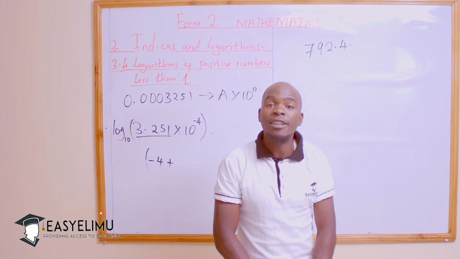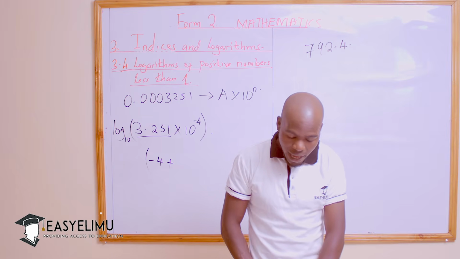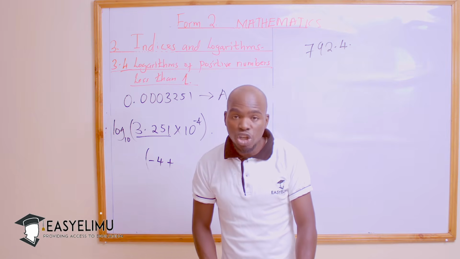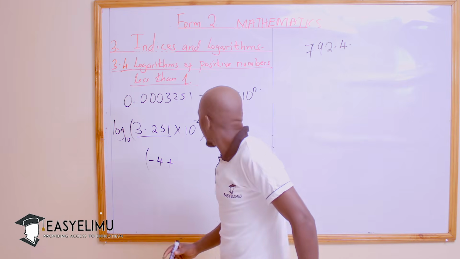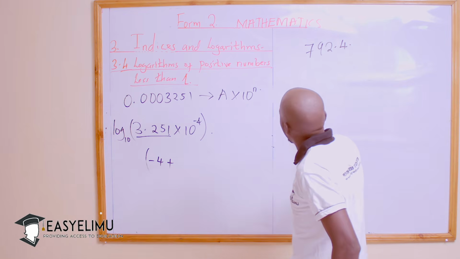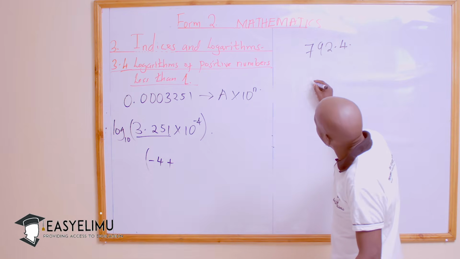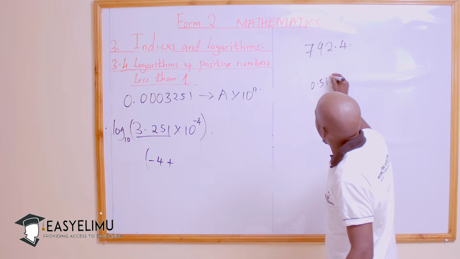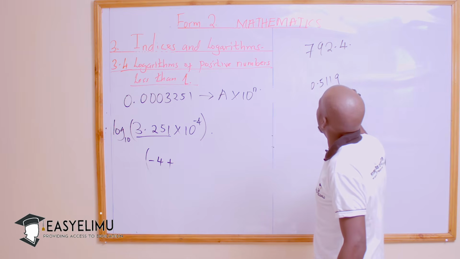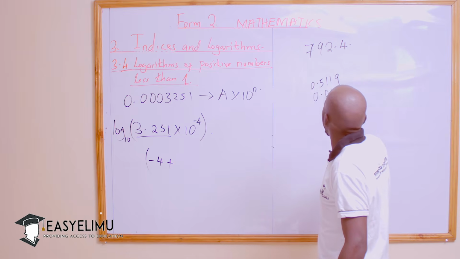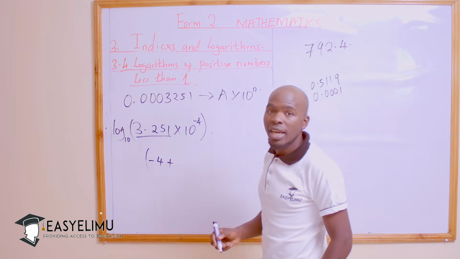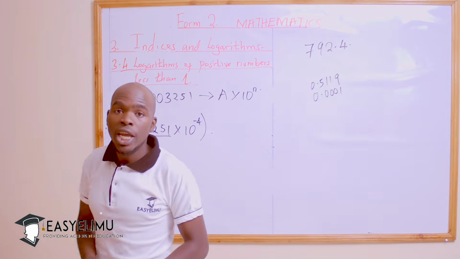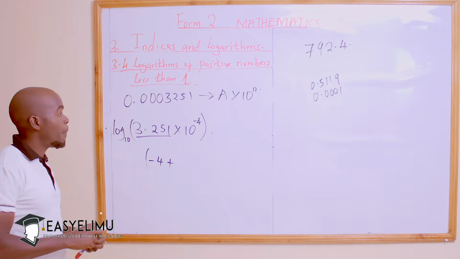And the column there is the add column. Whatever you have there is to 4 decimal places. So the first one we found was 0.5119, and here we have 1. That one is written in this form. Whatever is in the add column is to 4 decimal places.